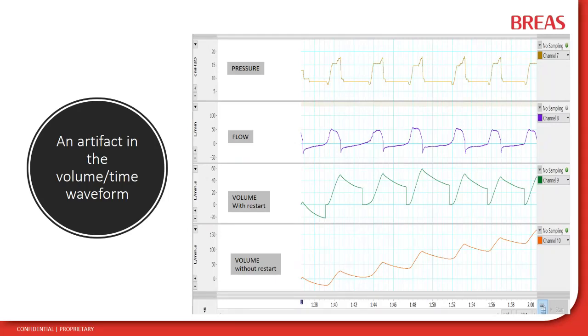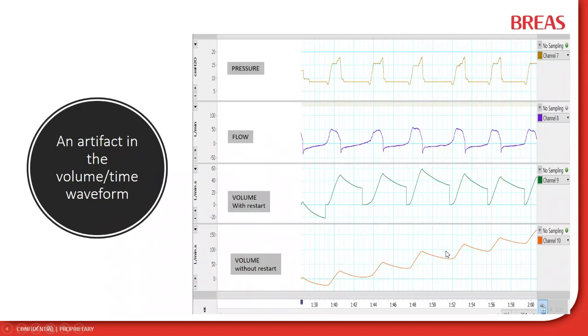This artifact happens when the positive area below the flow waveform is greater than the negative area corresponding to the same cycle. If we integrate the positive area, for example this, and we integrate the negative area and they are not well balanced, we can have an artifact like this, in which the volume, without restarting the volume waveform, comes upwards.